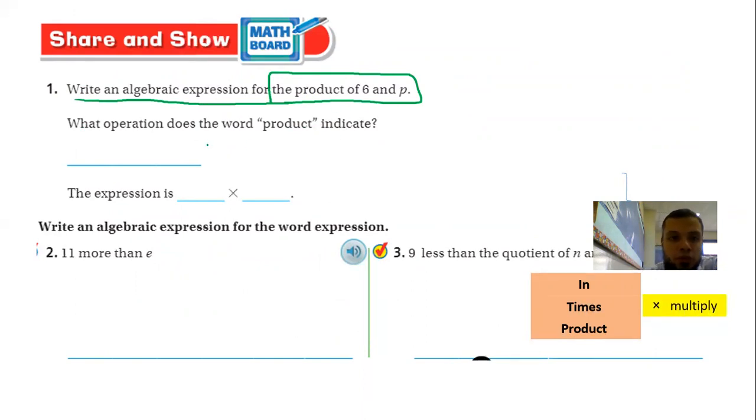So the product means multiply between 6 and p. What operation does the word product indicate? Yeah, the operation is multiplication, right? So the expression, what multiply what? Yeah, 6 multiply p. Easy question.